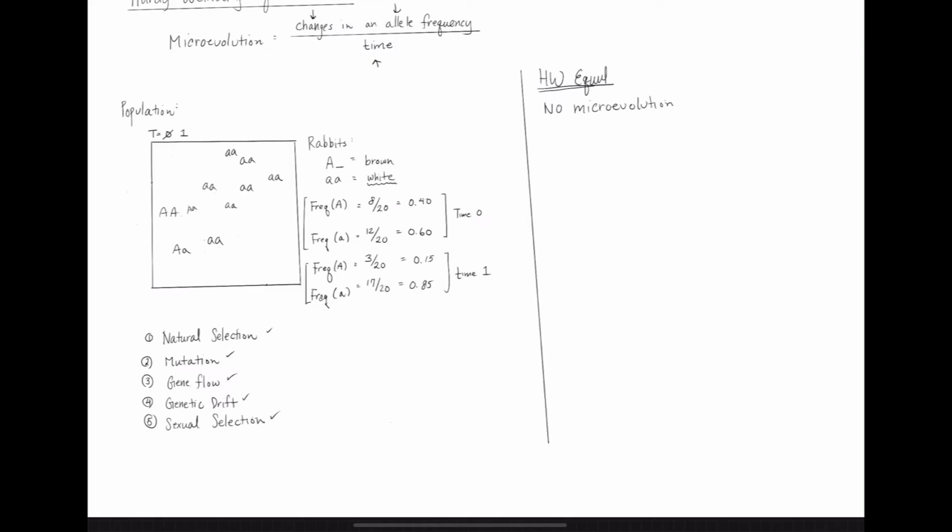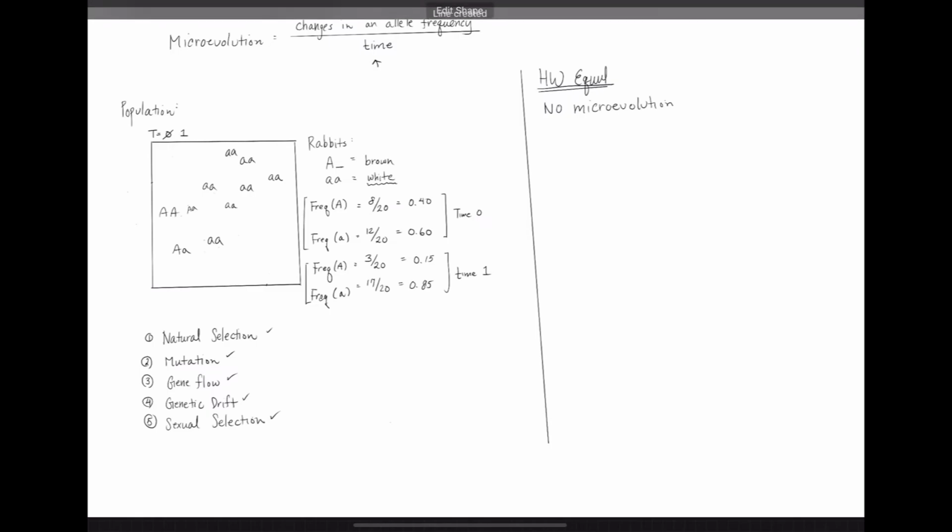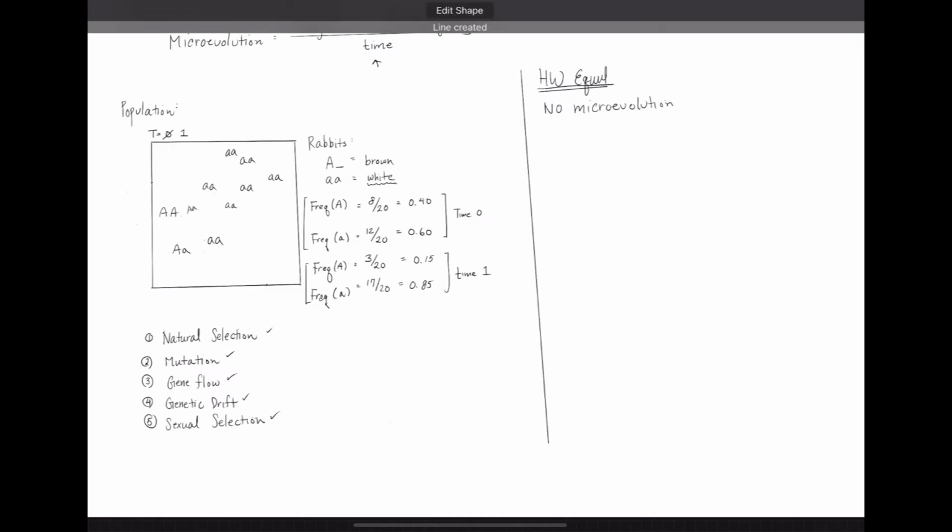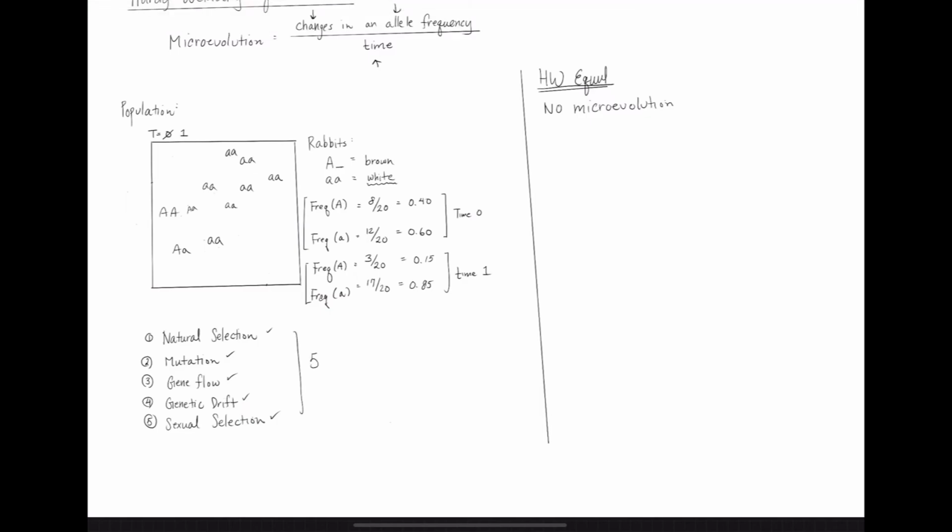a Hardy-Weinberg equilibrium. And typically when we do the Hardy-Weinberg, we're not just looking at the entire population, we're usually looking at a particular locus within that genome of a species. So no microevolution happening. But you see, we have to connect these 5 mechanisms of evolution to the Hardy-Weinberg, because if these 5 mechanisms of microevolution are driving allele frequency changes, then under Hardy-Weinberg equilibrium, none of those 5 mechanisms could be taking place.